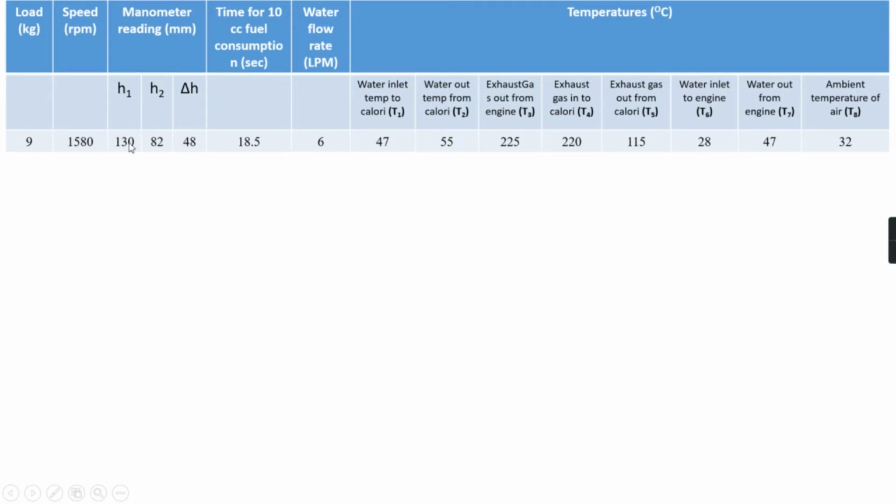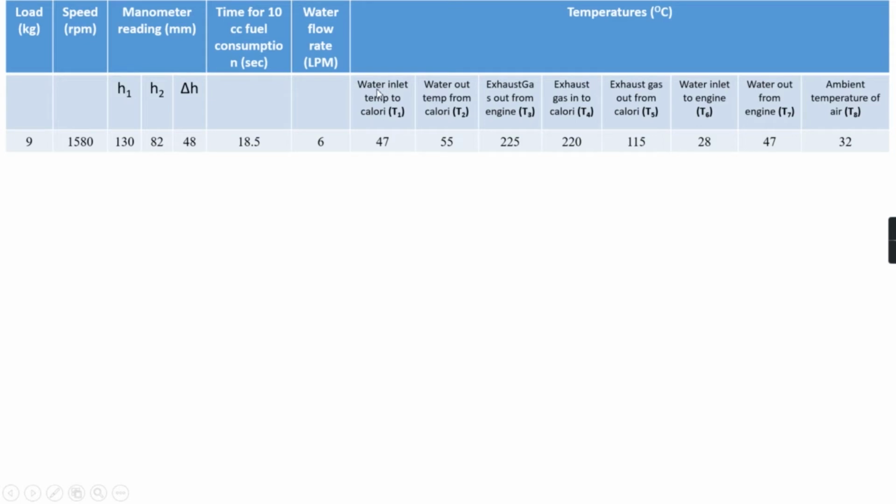The height of water column inside the U-tube manometer is 130 and 82. So here we have calculated the difference in the height, that is in terms of head of water in mm. Then we are having a time for 10 cc consumption of the fuel. The water supplied to the engine and calorimeter is at a rate of 6 liters per minute.